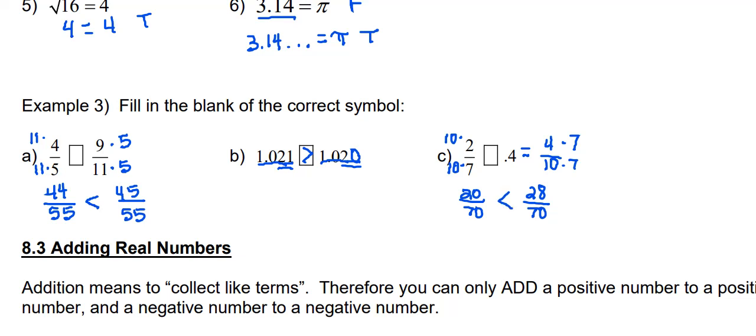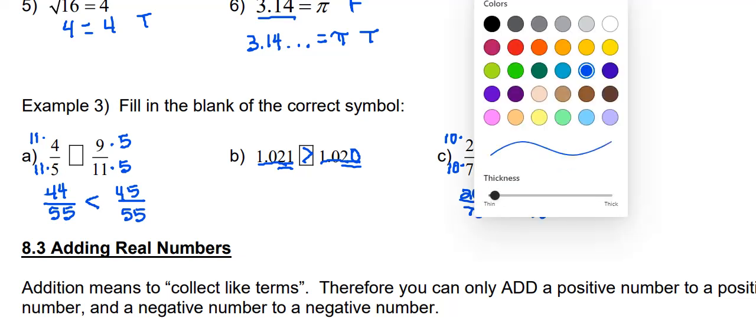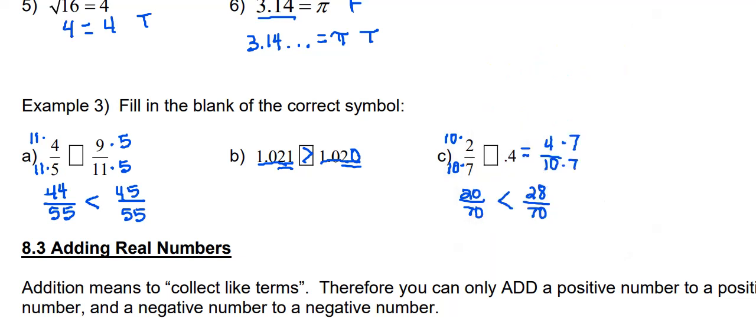If I wanted to instead change both terms into decimals, then all I would need to do is rewrite this fraction as a decimal by dividing the numerator by the denominator. So I would take the 2 and divide it by 7. Well, 7 cannot go into 2, so I just need to add a 0.